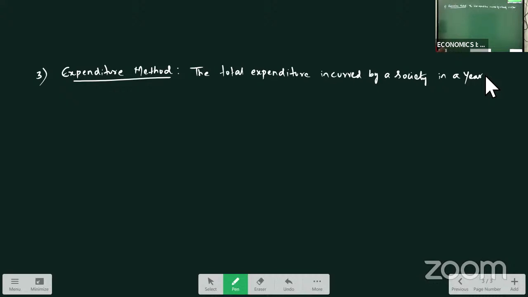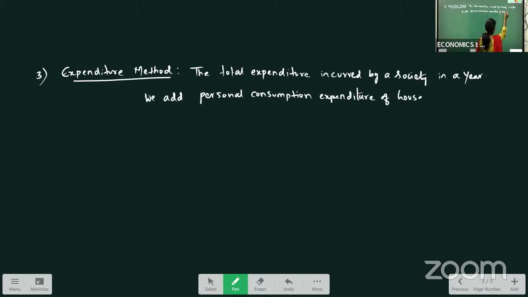So in this method, what we will do? We add the personal consumption expenditure of household. We add the personal consumption expenditure of household, expenditure of what all we add to get the expenditure here?